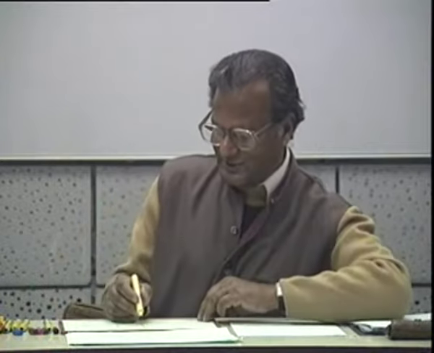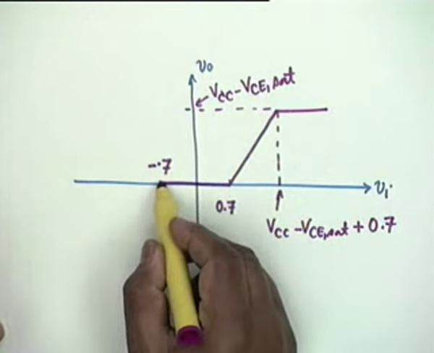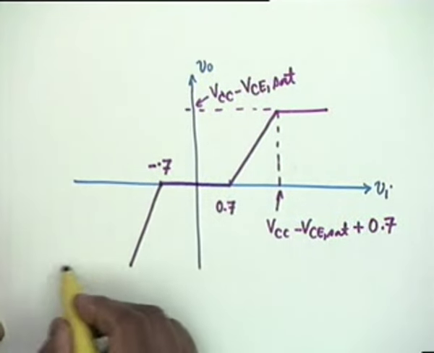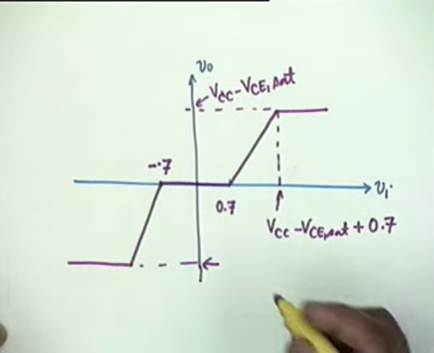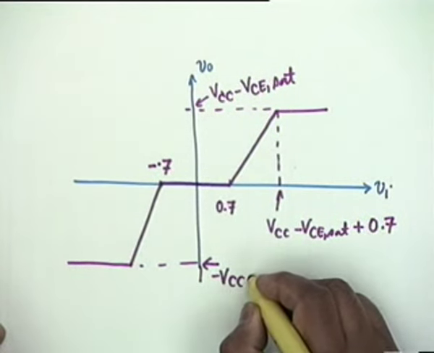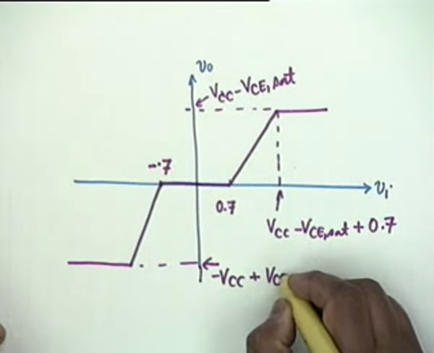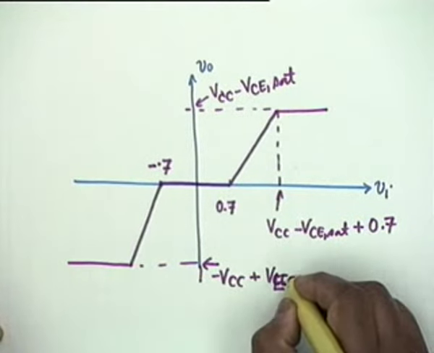That is, the slope shall again be 1. In other words, the characteristic, if I draw it on the other side, it would be minus 0.7, and then it will go like this and saturate at, can you tell me what this value would be? Minus VCC plus VEC set.